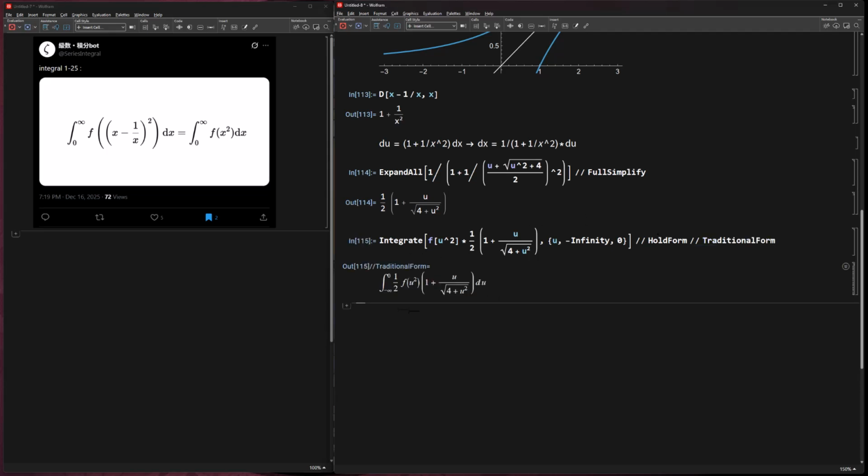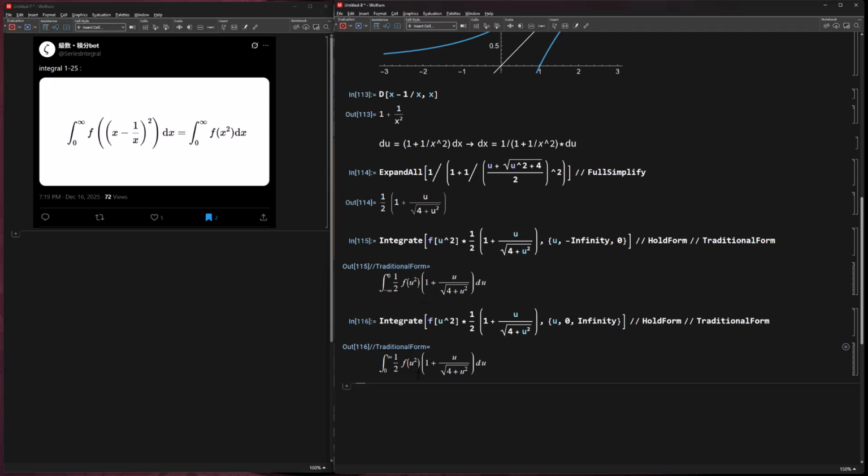And x from 1 to positive infinity corresponds to u from 0 to infinity. So eventually you can add them up, and the integral goes from minus infinity to positive infinity, which is very close to the right-hand side.